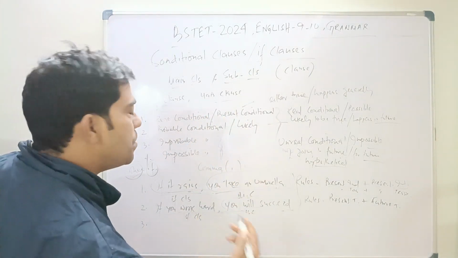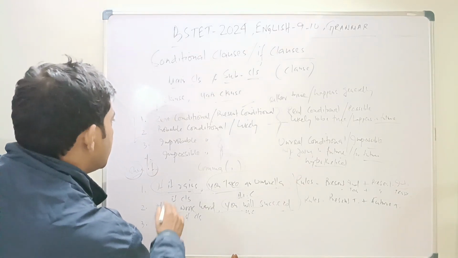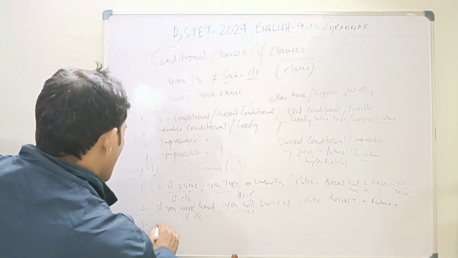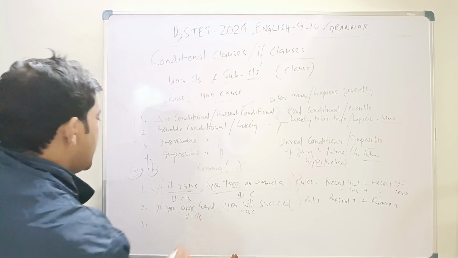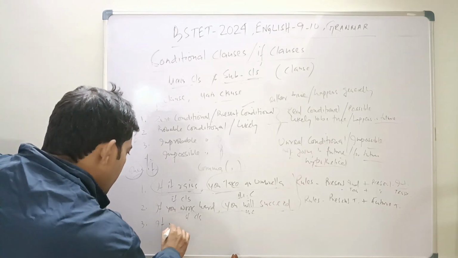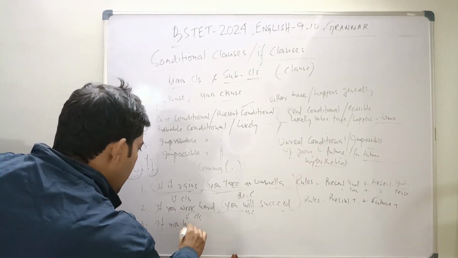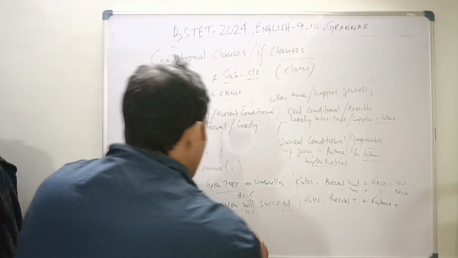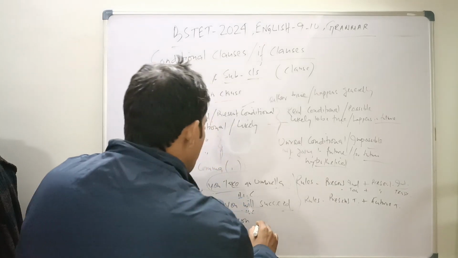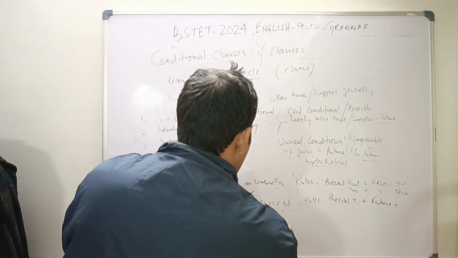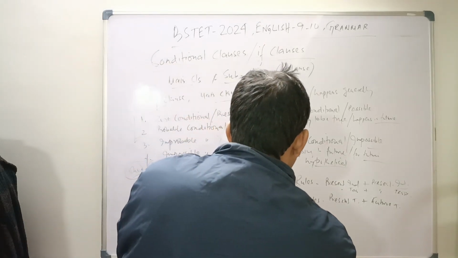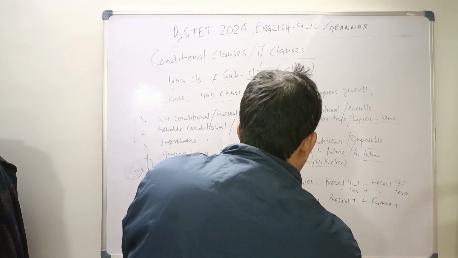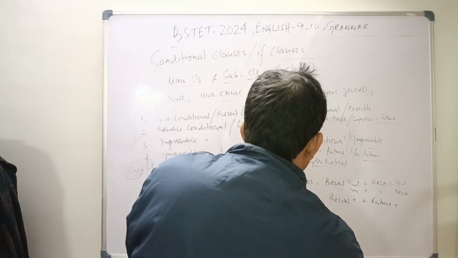Unreal conditional or impossible conditional, that is improbable. If you had a boat, you would cross the river.